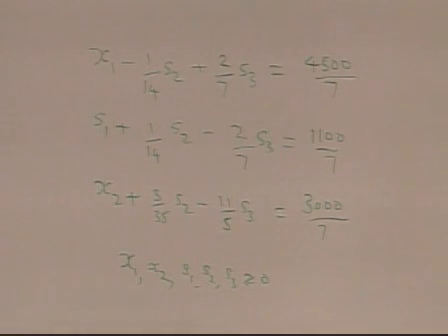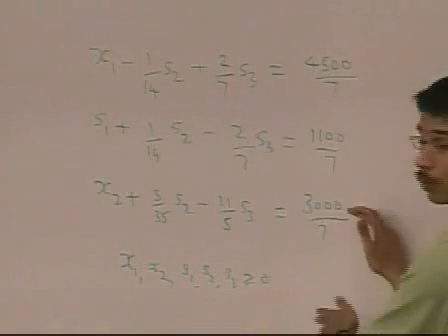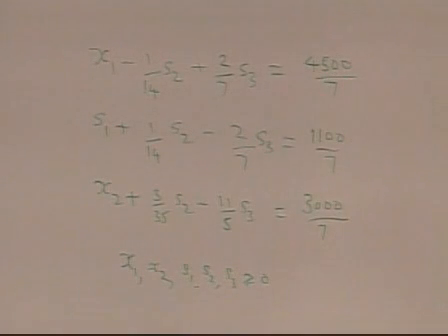Now, what's the optimal solution to this linear program? Is the question clear? I just give you a linear program involving 5 variables and 3 equations, and I want you to identify its optimal solution.